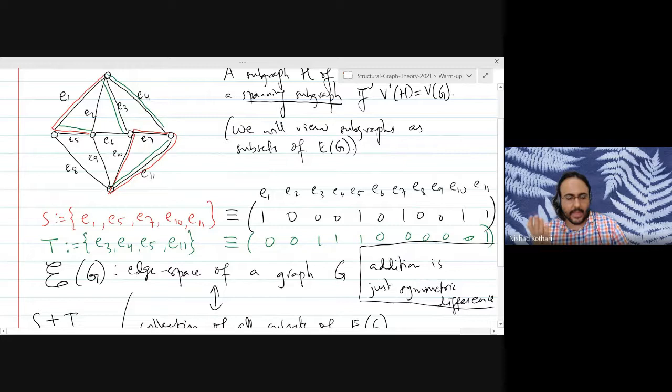And that will be E3, E4, E7, and E10. Sorry, and I think I missed E1. You will not be taking E5 and E11 because they are red as well as green. So what's the answer? It's 1, 3, 4, 7, and 10.